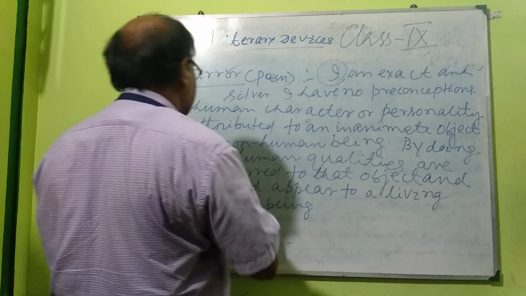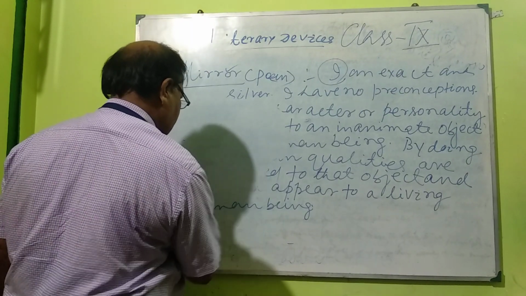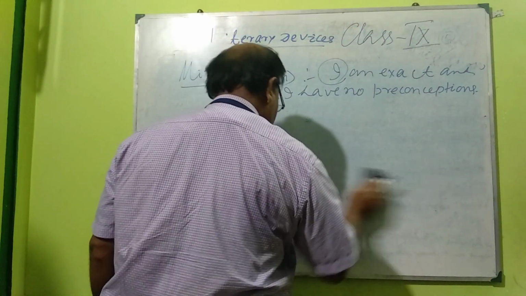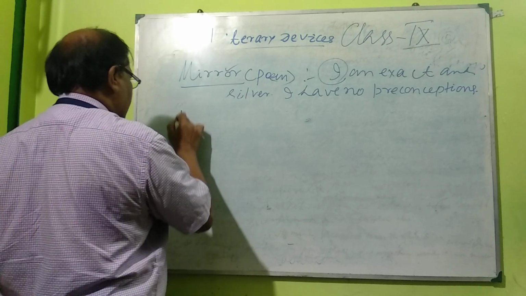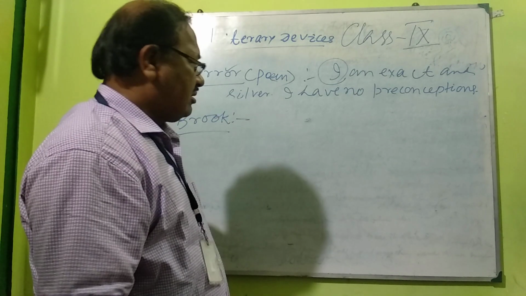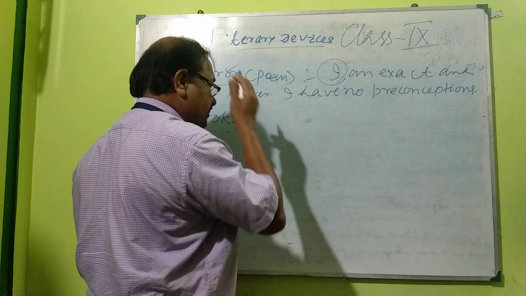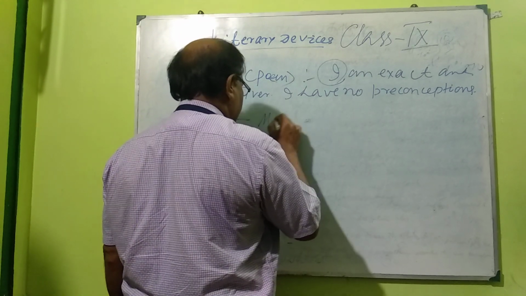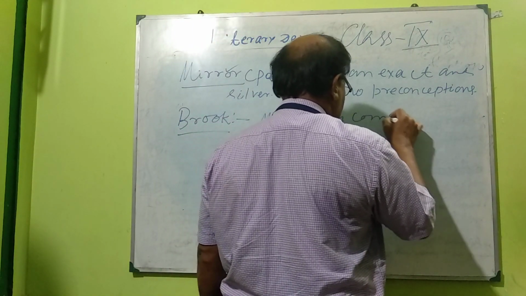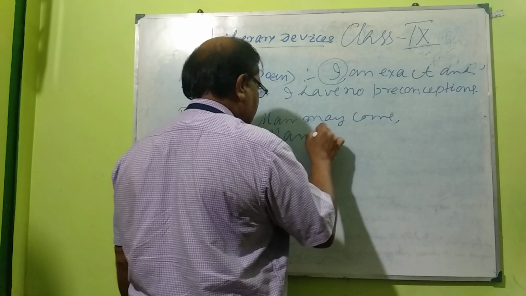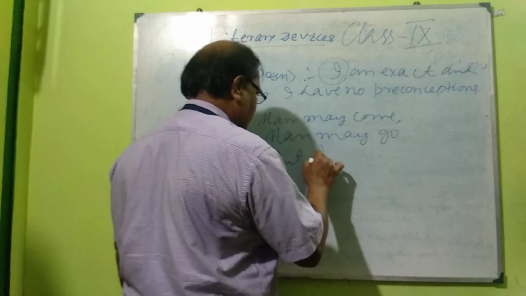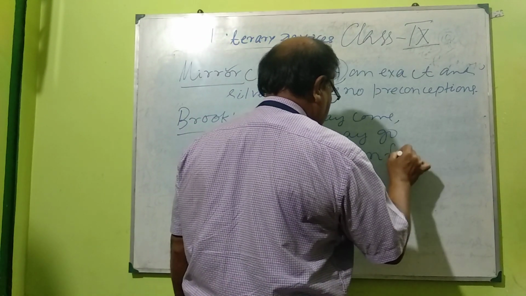Take another example. Brook by Lord Alfred Tennyson. Brook means a stream. So Brook says, "Man may come, man may go, but I go on forever."